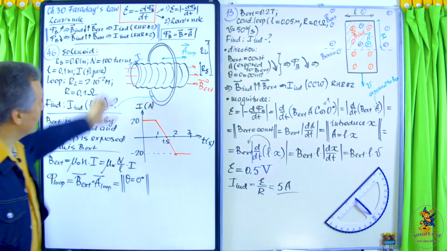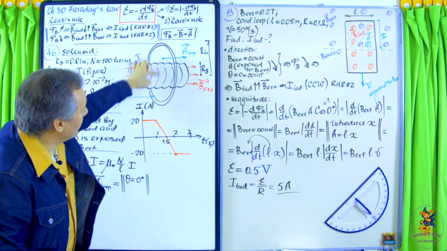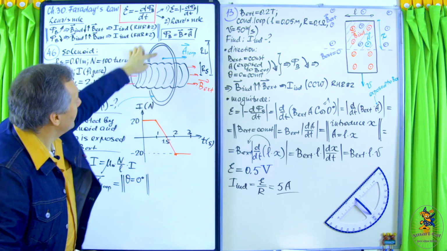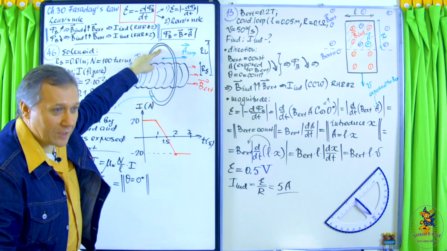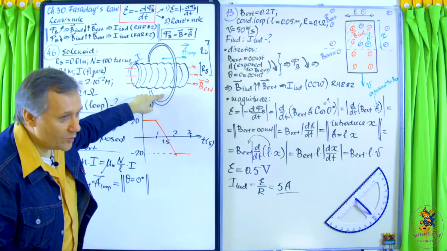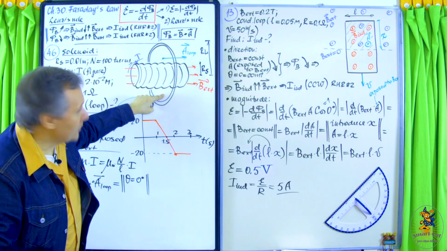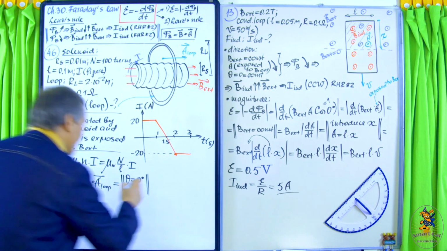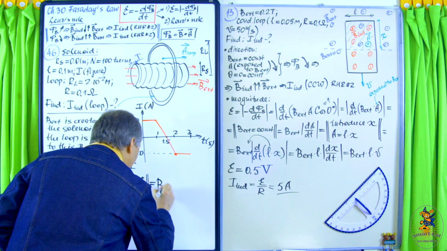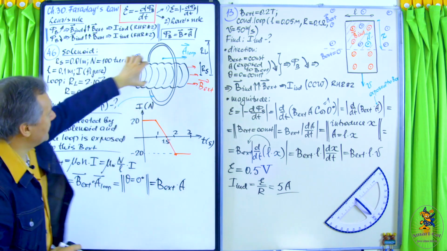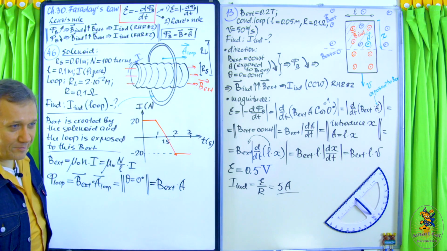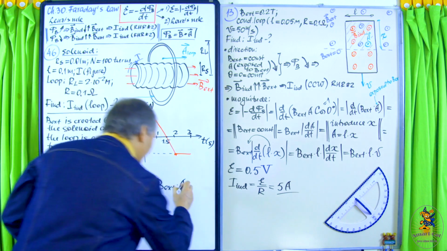And the external magnetic field exists only in this part. Over here, the magnetic field is 0 outside of the solenoid. Over here also there is no magnetic field. So this dot product gives us B external times the area of the solenoid.